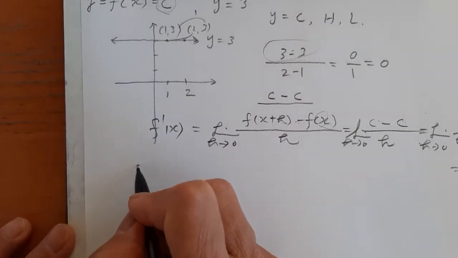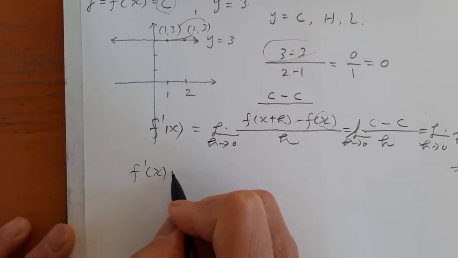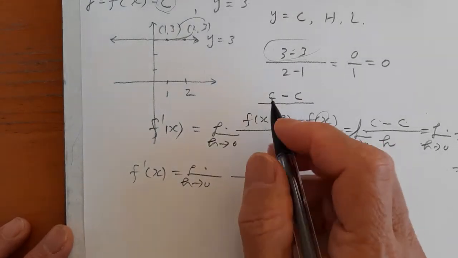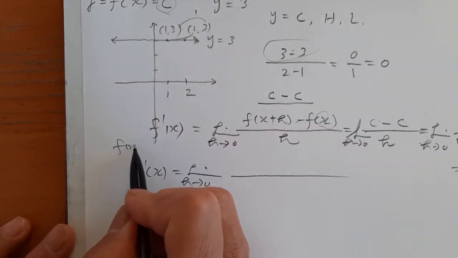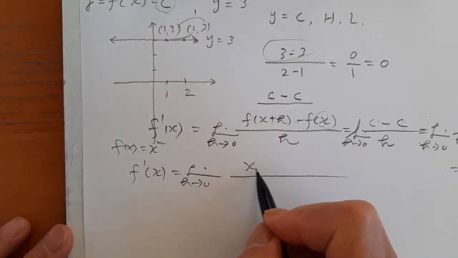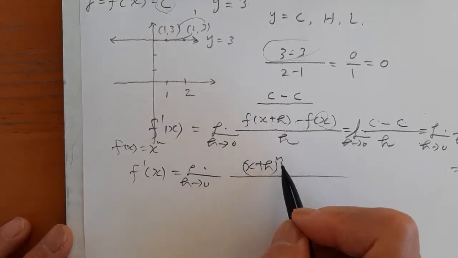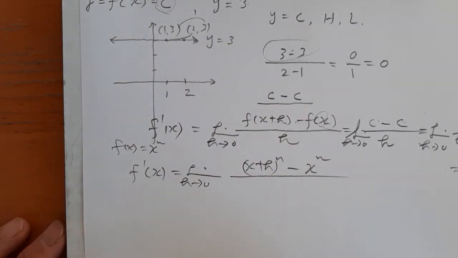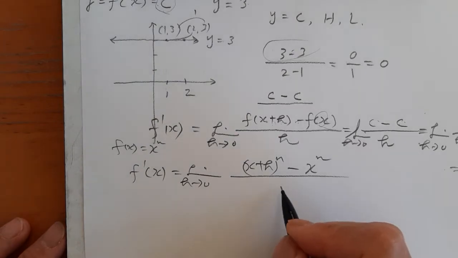Like this, you can prove it. f prime of x equals limit h approaches 0. Now this function is f of x equals x to the power n. So x plus h is (x plus h) to the power n, minus f of x. f of x is x to the power n, over h.